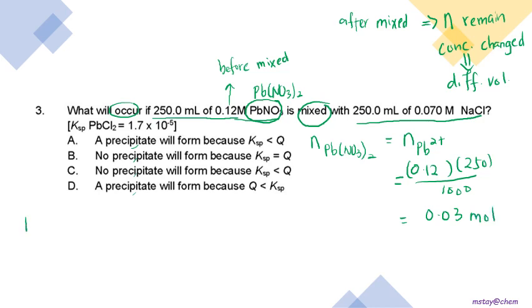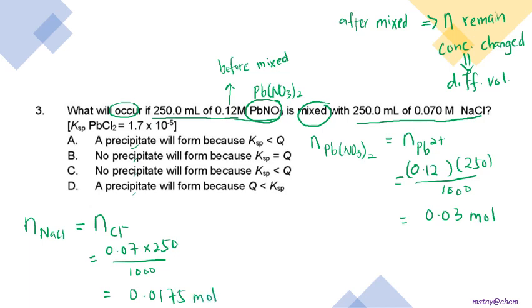At the same time, we also need the number of moles of NaCl, which will equal the number of moles of Cl negative. Again, MV over 1000, M is 0.07, V is 250 over 1000, which equals 0.0175 mole.